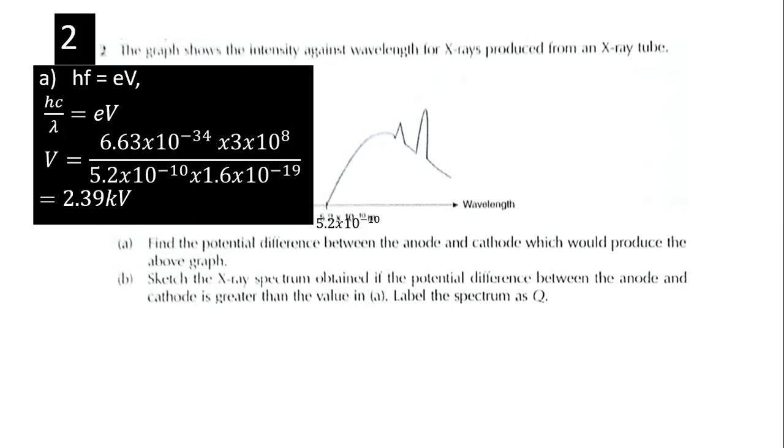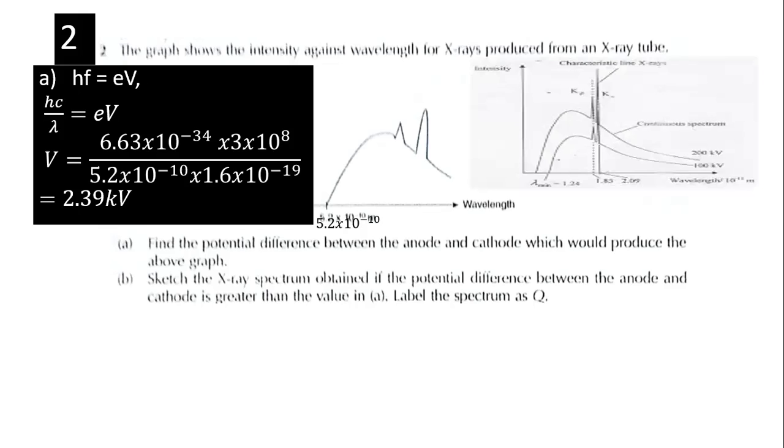The spike should be the same because it's the emission spectrum of the target. You use the same target, you get the same spike. The continuous spectrum will be higher. The spike is the same wavelength because it depends on the target material. Higher power, shorter wavelength.